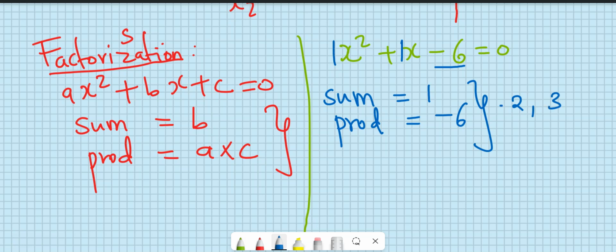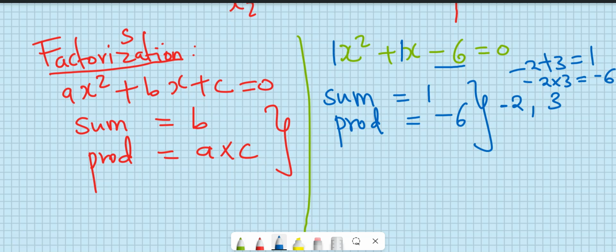It's negative 2 and 3. Let's add: negative 2 plus 3 is 1. Negative 2 times 3 is negative 6. Simple.